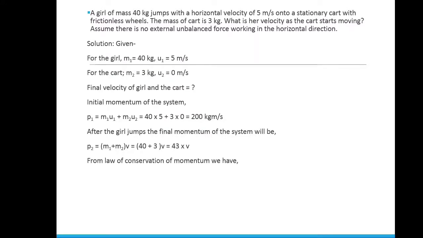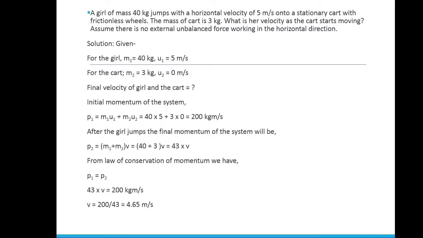Now, from the law of conservation of momentum, we know that P1 is equal to P2. The initial momentum is equal to the final momentum. So, 43 into V is equal to 200 kg meter per second. From there we get V is equal to 200 by 43, which is 4.65 meter per second.